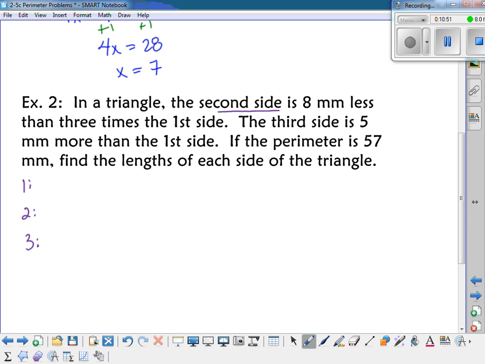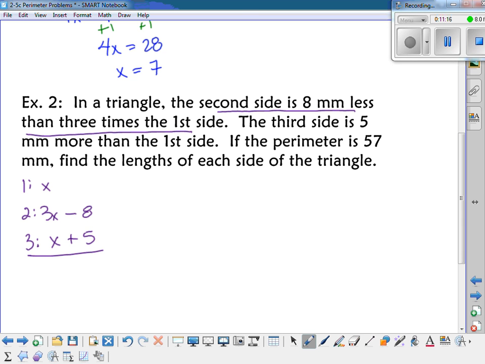This time it says the second side is 8 millimeters less than 3 times the first side. So on the second side, I'm subtracting 8 from something. What am I subtracting it from? 3x, because we're going to use x for the first side this time. And then it says the third side is 5 millimeters more than the first side, so it's x plus 5.